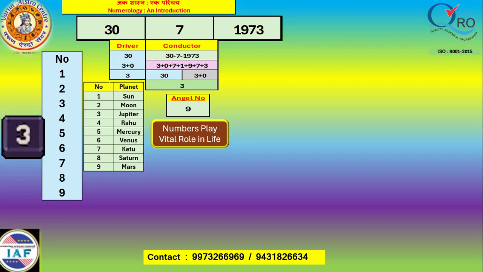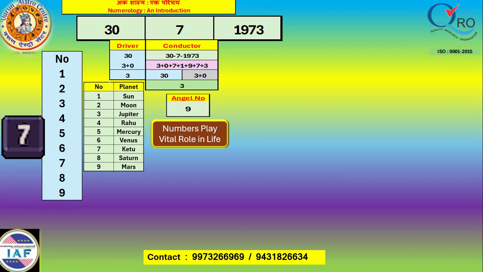And these alphabets or characters are replaced with their respective numerical values and then added together and converted into a single digit. This is known as name number.